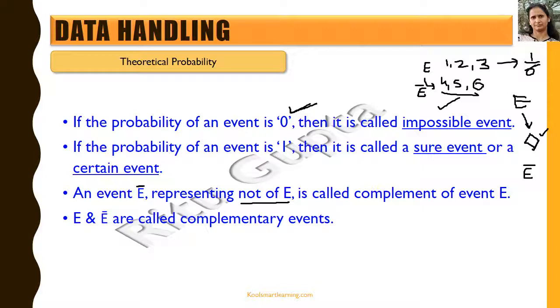Now if we toss 3 coins simultaneously and we have to find the probability of getting at least one head. So we are tossing 3 coins together and we are saying, let's see what is the probability of getting at least one head. So the options in this case would be, let's start with getting 3 heads.